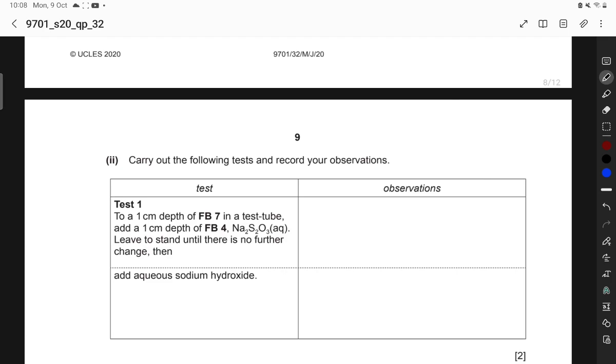To FB7 in a test tube, add 1 cm depth of FB4, Na2S2O3. Leave to stand until there is no further change. FB7 is FeCl3.